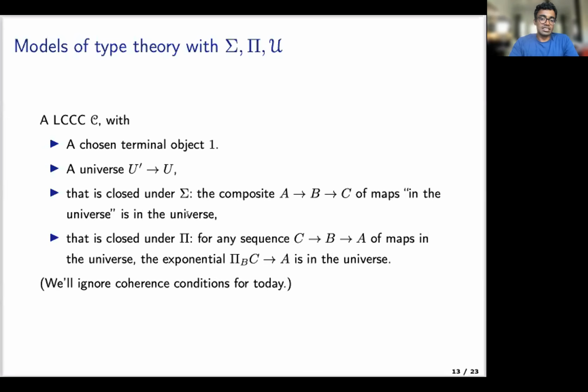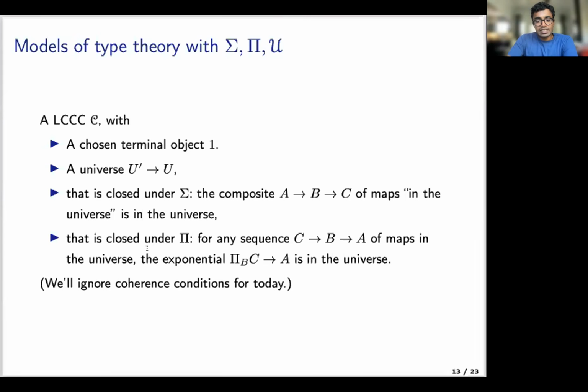This is basically doing the same thing in the internal language of a locally Cartesian closed category, using a universe in that category, as we have seen in the categorification of the notion of universe. So that's what I mean when I say to be in the universe.